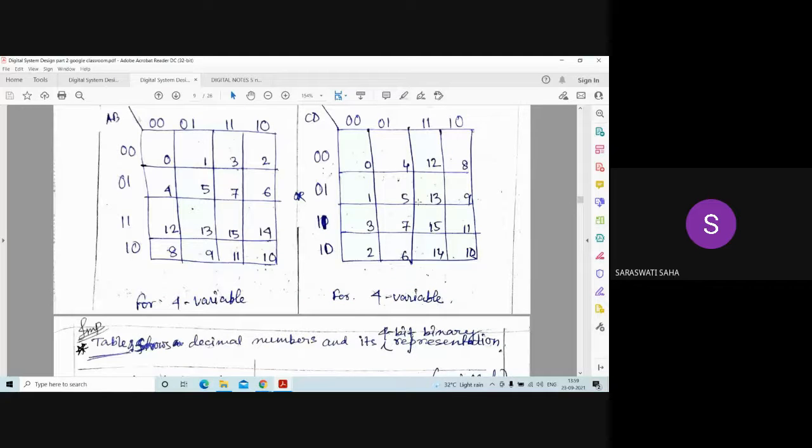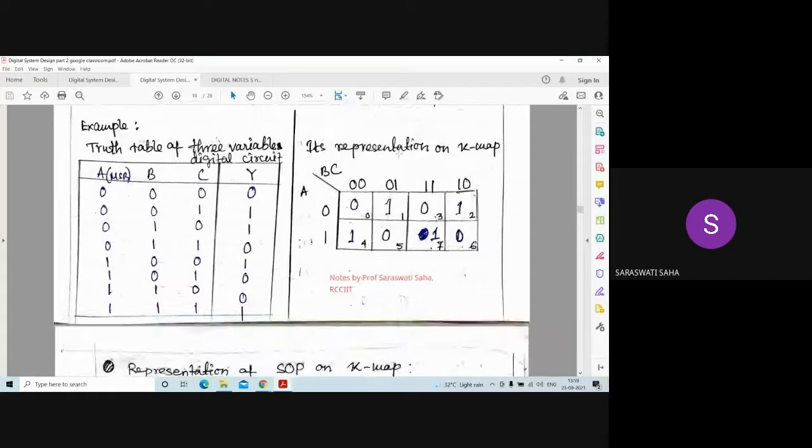First write 0, 1, 2, 3, 4, 5, 6, 7 at this corner. That is the min-term positions. First mention the min-term positions, then see for which min-terms the output is 1.